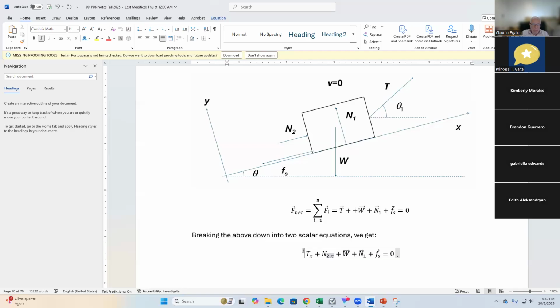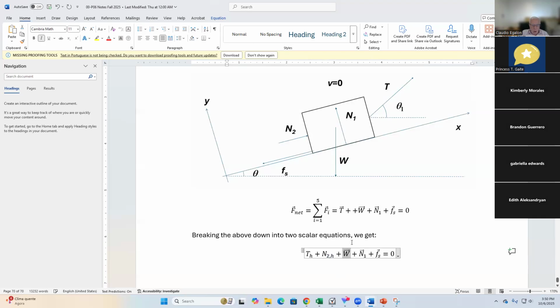And that's going to be x component in this case. The weight has only a y component. Let's see, I'm going to put it y prime, okay? Horizontal and vertical component. Instead of x and y component, let's write that down in terms of horizontal and vertical component, okay?